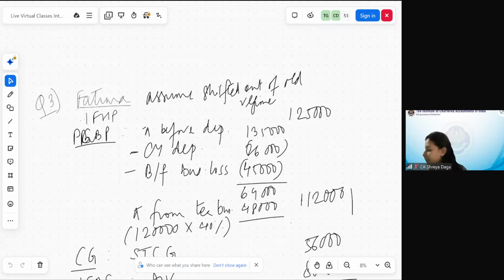There is a long-term capital loss which has to be still carried forward. It could not be used. Yes, other than that, everything is okay. So your note will be on the long-term capital loss. Please do not forget mentioning about unabsorbed losses. If they are eligible to be carried forward, your solution is not complete till you give a note that this much amount has been carried forward.